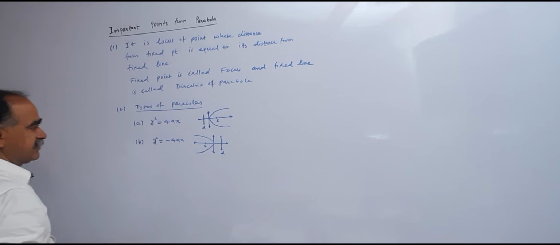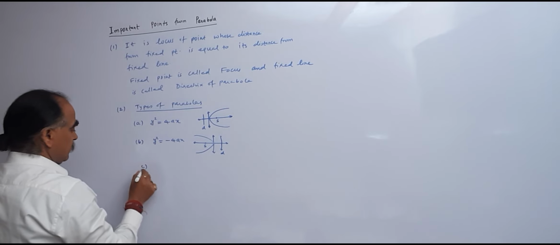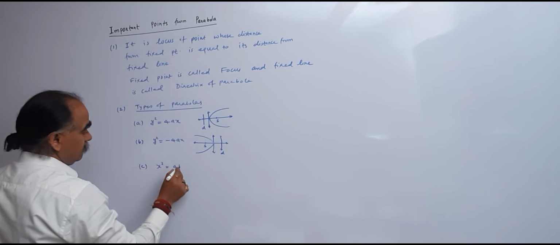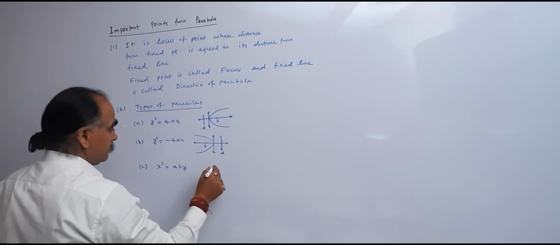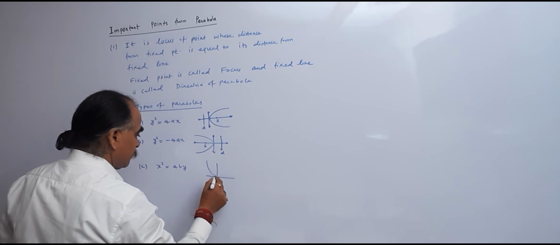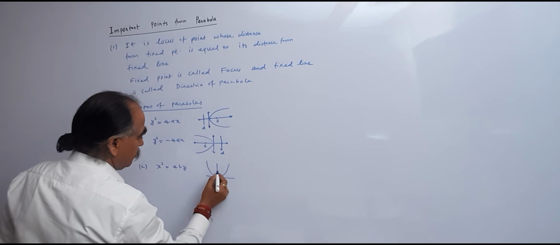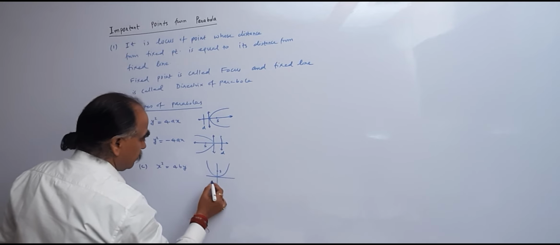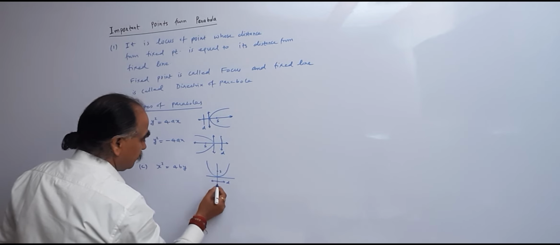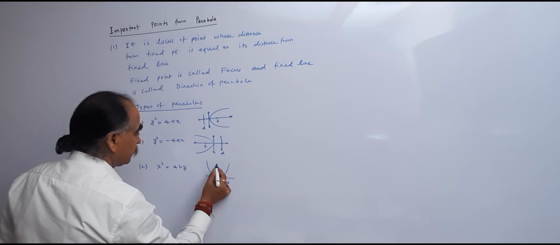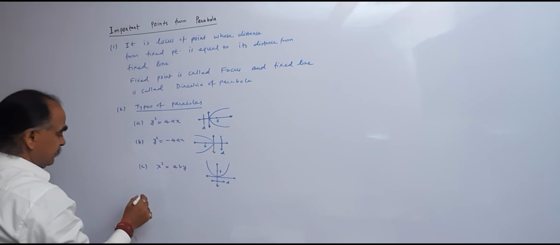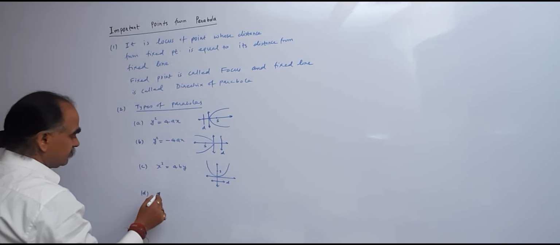This is directrix. And third is, focus is here and directrix behind at equal distance from vertex. And the last type is what?